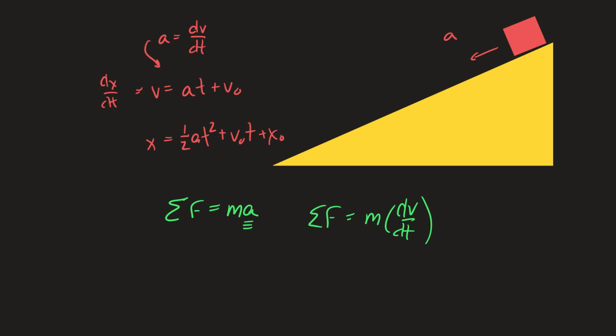And then, of course, wherever you see velocity, replace it with dx/dt, and make a new differential equation, take some calculus, and produce a position function. And that's what we're going to do today.